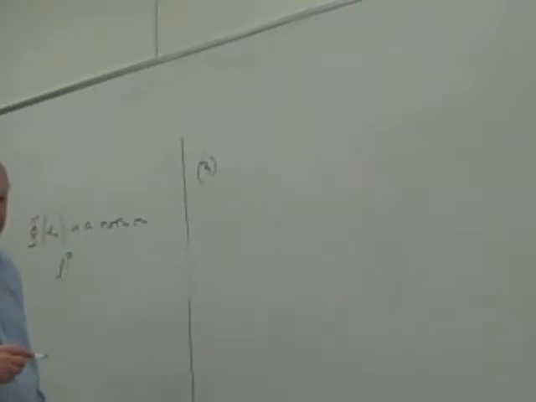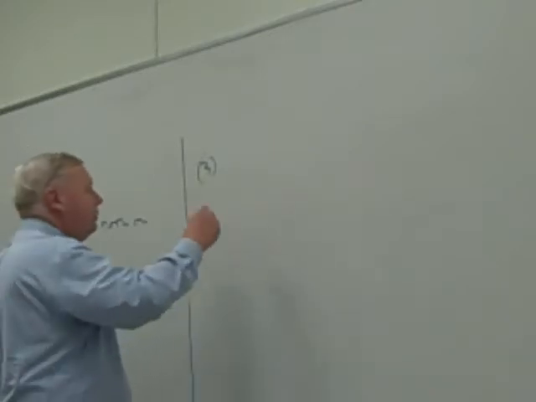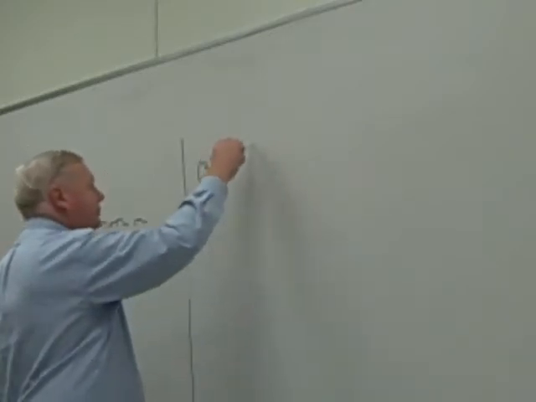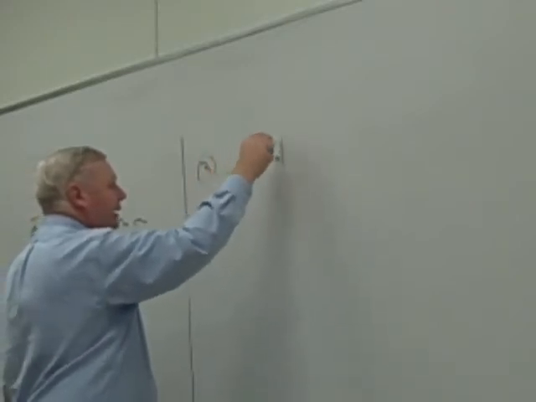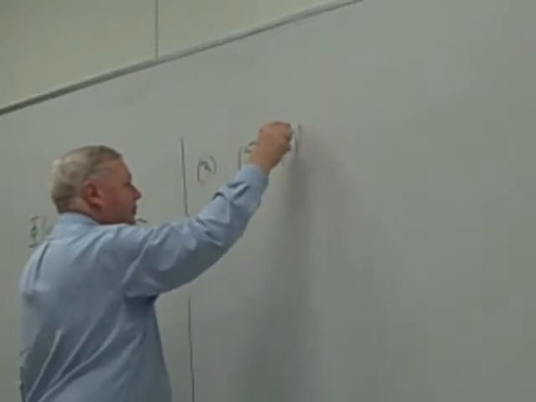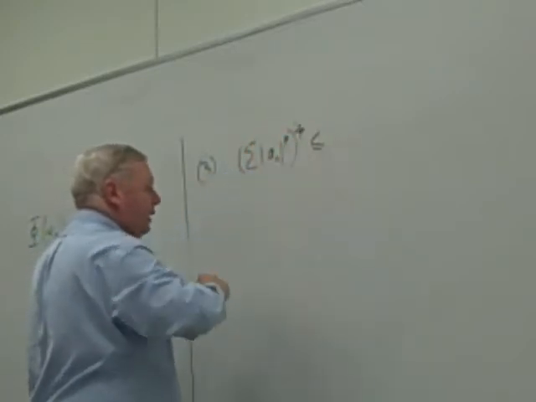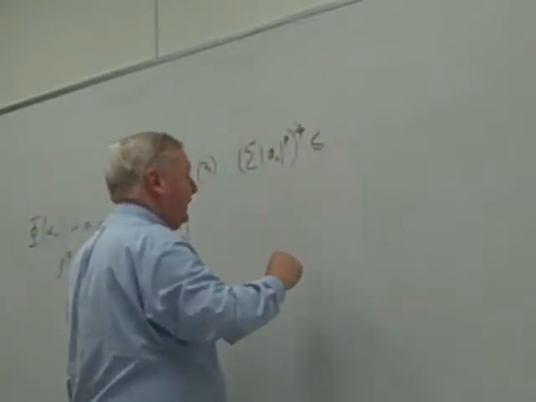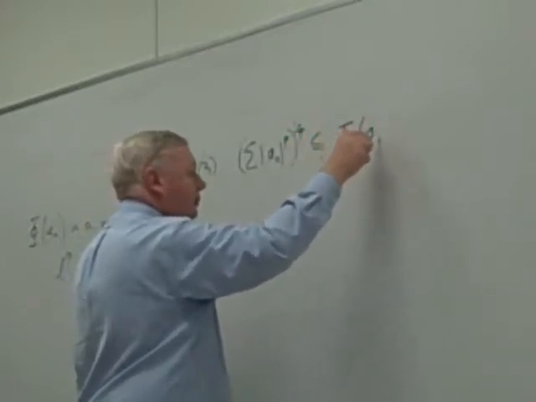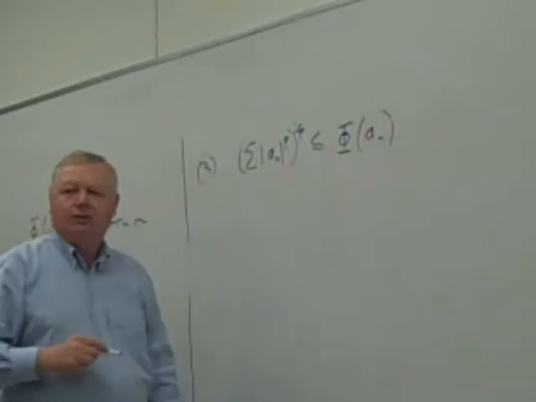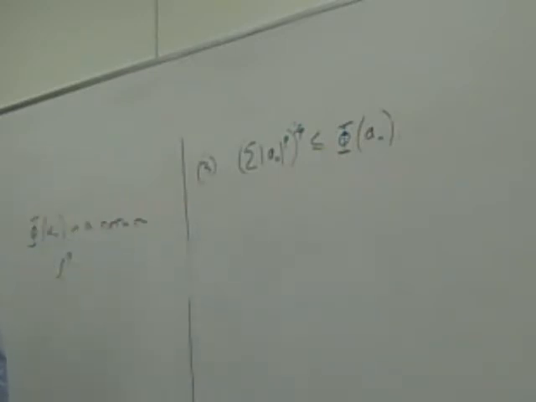So number 3 says that the sum of absolute value a_n to the p, to the 1 over p, is less than or equal to phi of the sequence a_n. Now both sides are homogeneous for scaling.